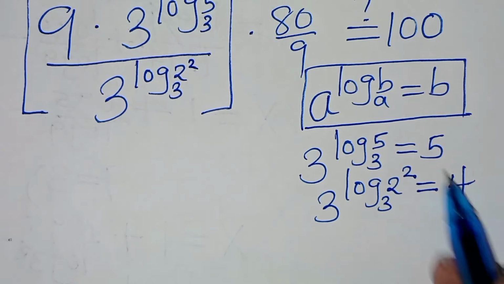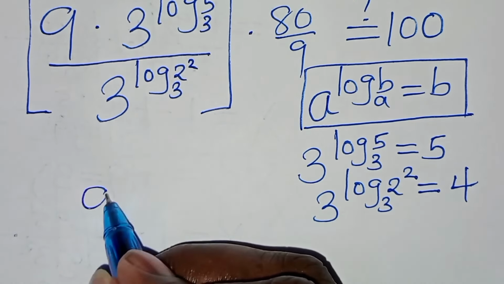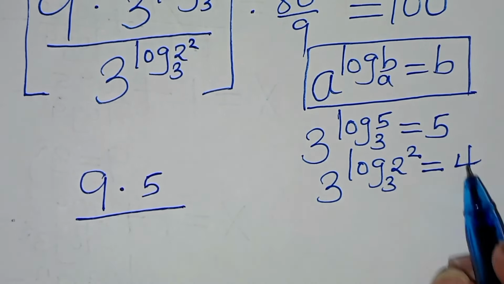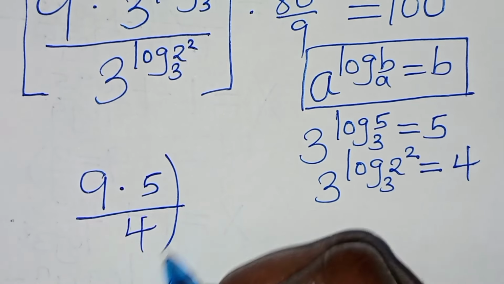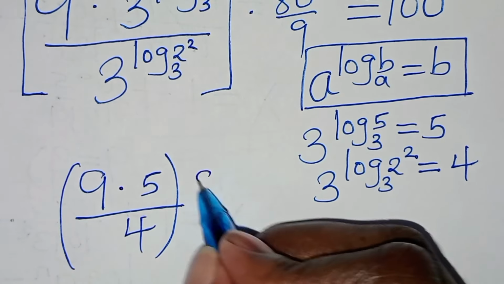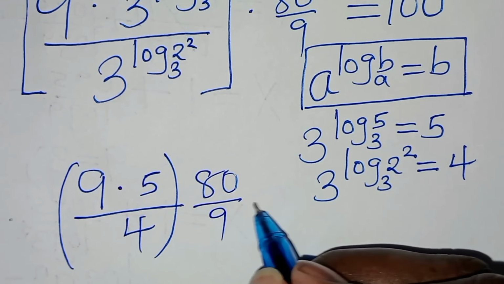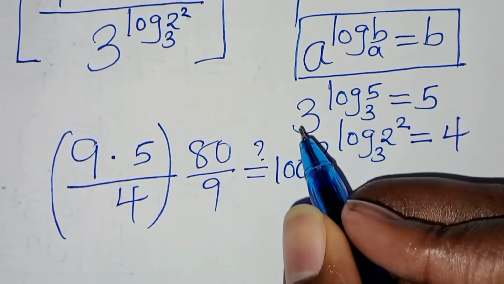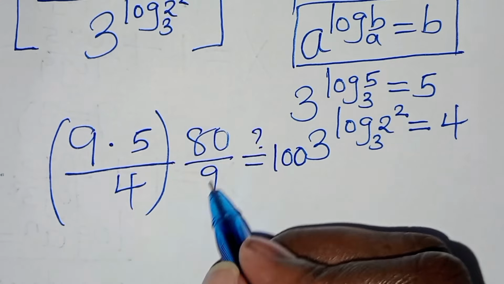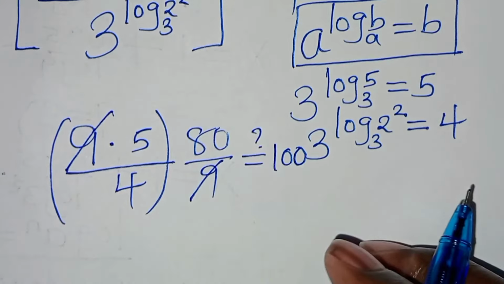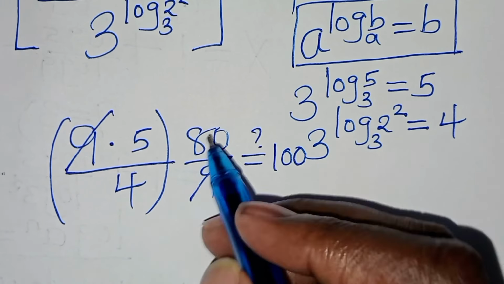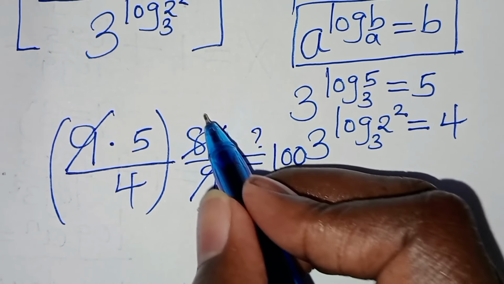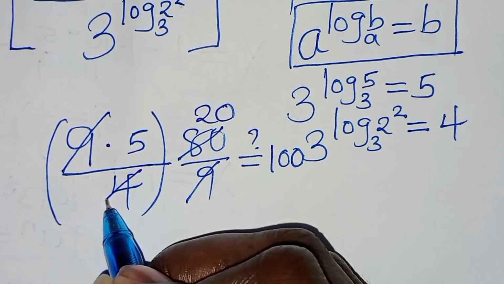So let's substitute this here. So we have 9 times 5 divided by 4 from here. Everything here multiplied by 80 over 9. This is supposed to give us a value of 100. So let's simplify here. 9 and 9 simplifies. So that now here we have 80. Let's simplify here. 80 divided by 4, this is equal to 20. And here 4 simplifies.